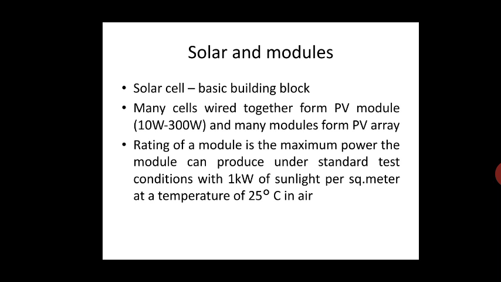Why is it taken at 25 degrees centigrade? Once the temperature increases, the solar output will be affected. In the Sahara desert we have temperatures of 50 to 70 degrees centigrade. So you cannot install solar PV in the Sahara desert or the Gobi desert, because the temperature is much higher there.